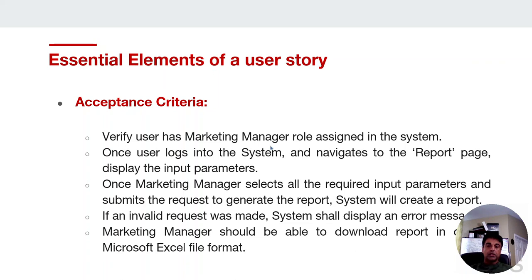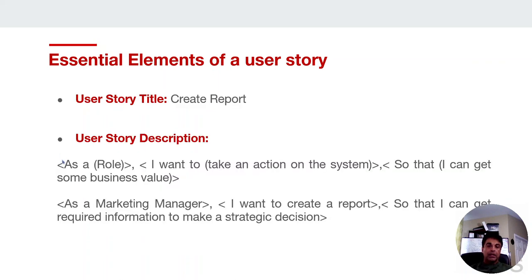If I go back to this slide, my story title and story description are good enough for me to understand what the story is doing, what's the essence of the story. But if I were to give this story to my technical team, a developer, solution architect, tester, anyone, they will not be able to do their work looking at these two elements or these two sections of a story.